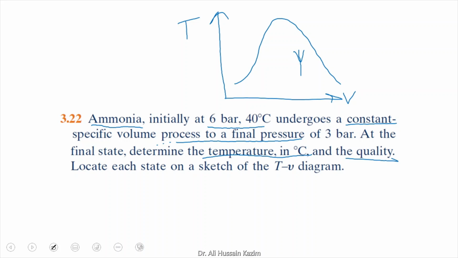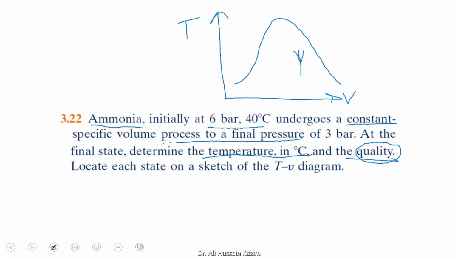So 6 bar and 40 degrees Celsius. We have to find the final temperature and the quality. They've asked us to find quality in the final state, which means that the final state is in the mixed vapor region. And how will we be able to find quality?